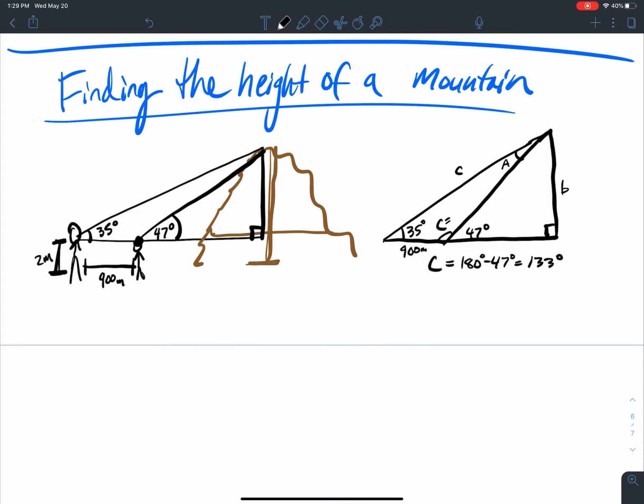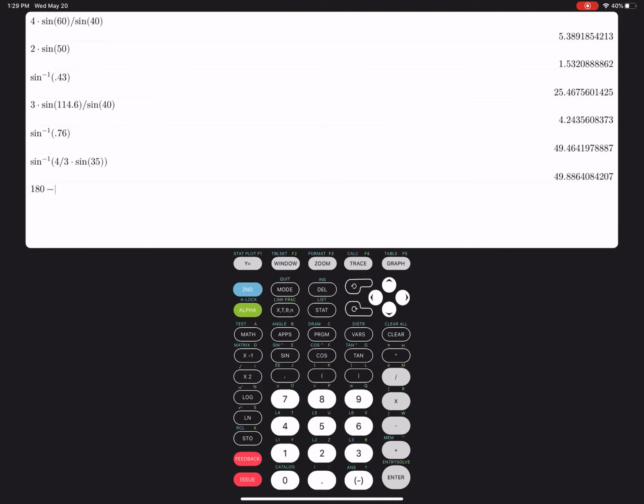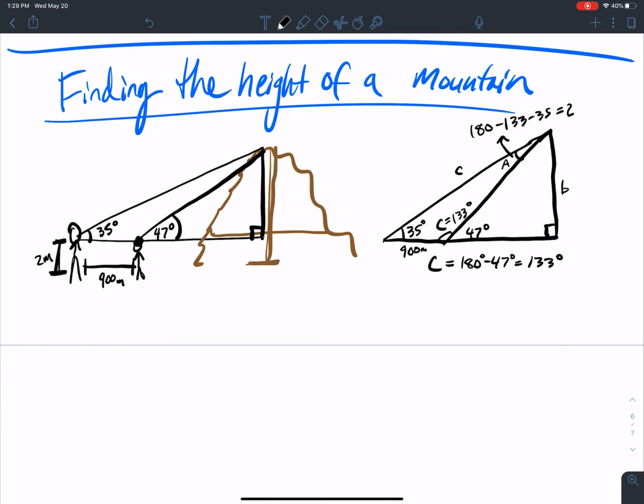So if this is equal to 133 and that's 35, to get this angle A, I do 180 minus 133 minus 35, which gets me 12 degrees for that angle.